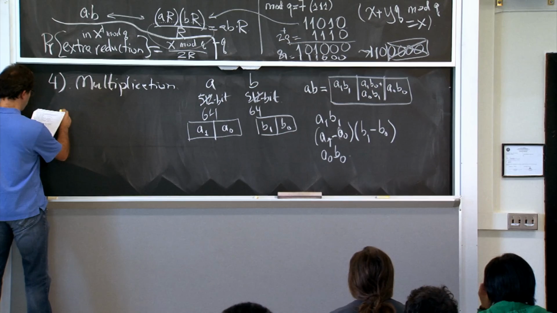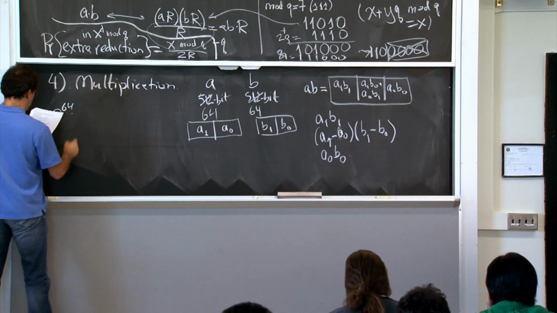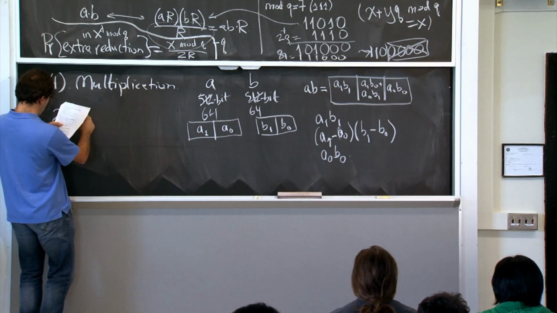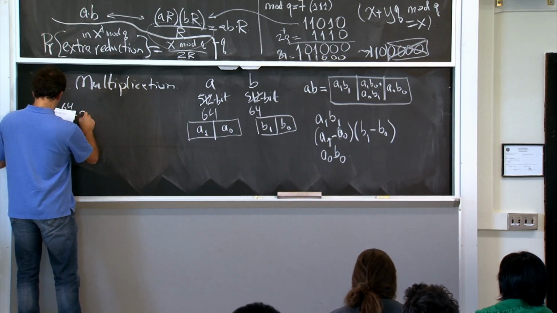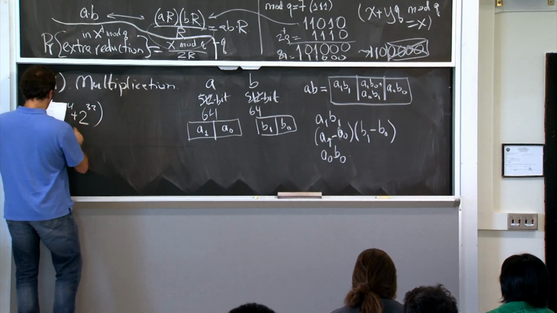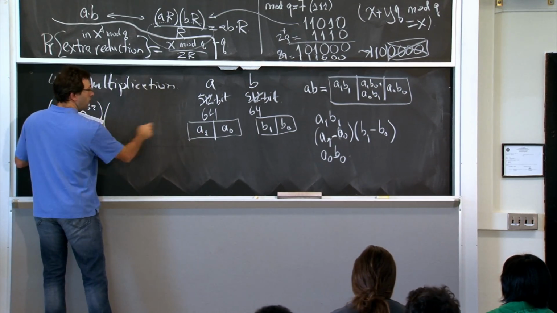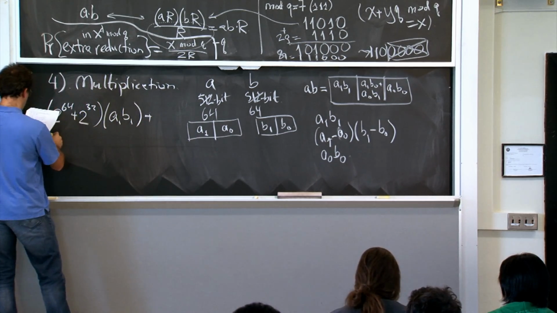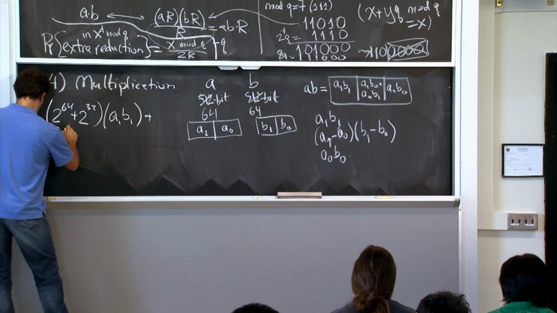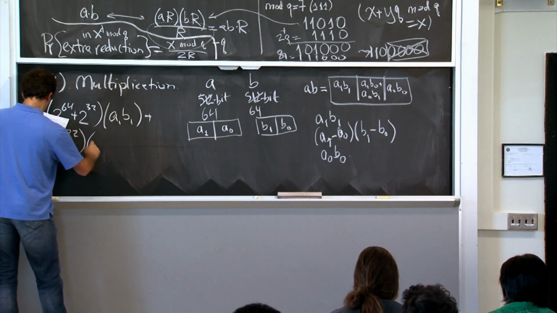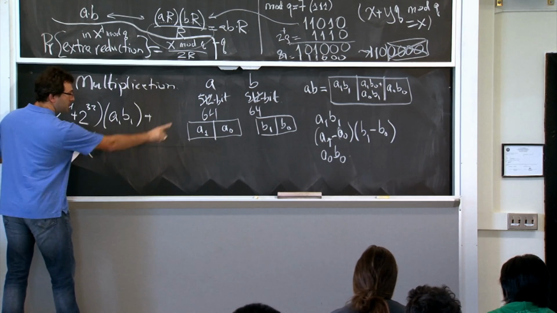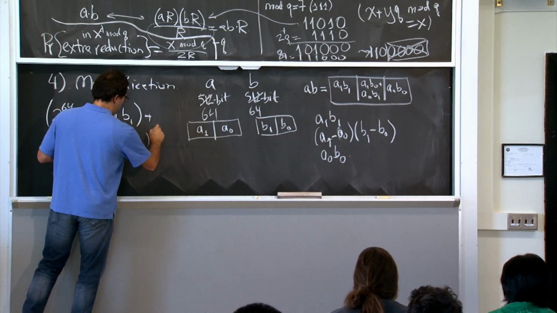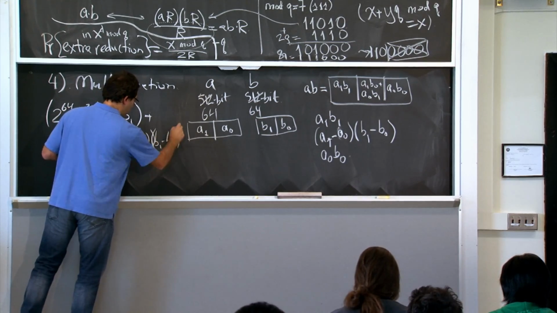We're going to have 2 to the 64 plus 2 to the 32 times A1, B1, plus 2 to the 32 times minus that little guy in the middle, A1 minus A0, B1 minus B0.